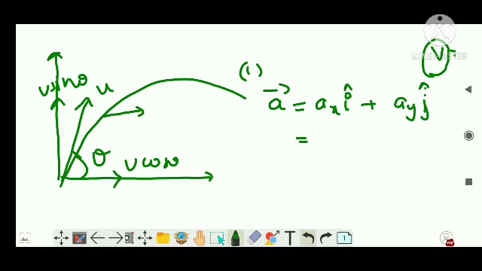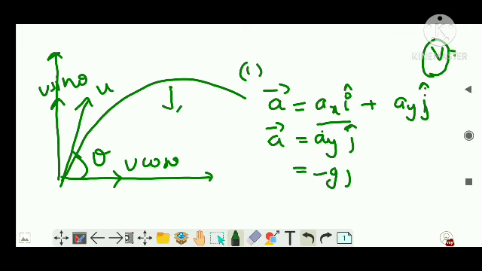Or I can say in the horizontal direction the velocity is constant, so there will not be any acceleration, so this term becomes 0. So I can write acceleration as just ay j cap. Clear? And I just told you what is the value of ay, that is gravity downwards, that is minus g j cap, that is acceleration.